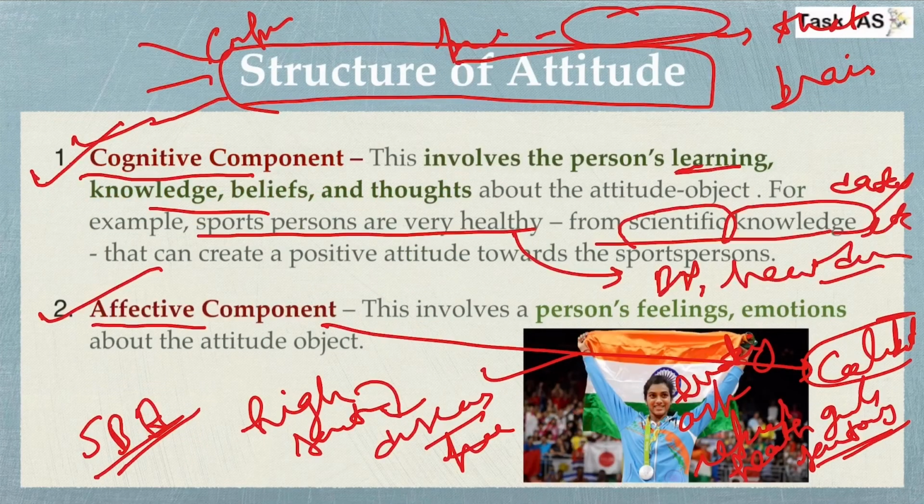So these are some examples of how you can write the structure of attitude, and you can write these examples later in other case studies or other examples where someone has asked, for example, how to change attitude towards Swachh Bharat Abhiyan, how the behavioral component has made Swachh Bharat Abhiyan a success.